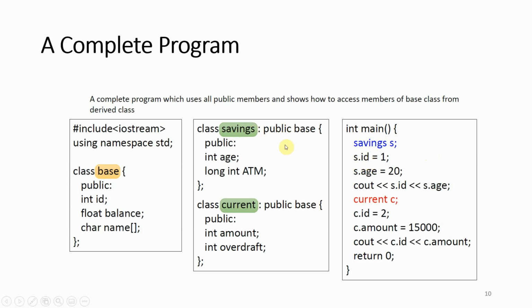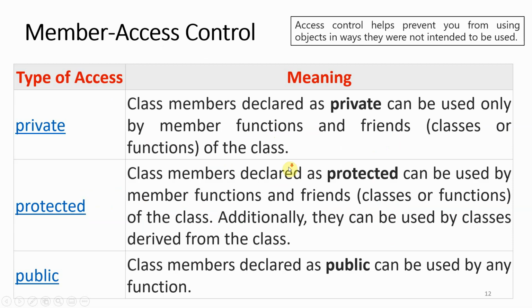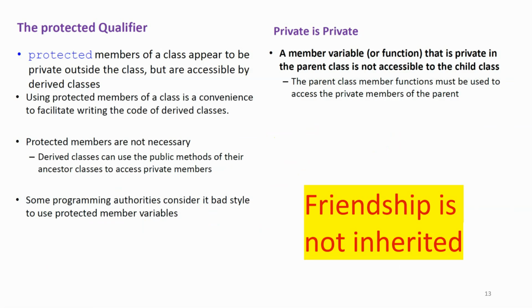I made a mistake here. If this was protected, you would have a problem here. If this was protected or private, because this main function is not a member function, so we don't have access to private members of S and C in a non-member function. Okay, so that's something I should clarify.